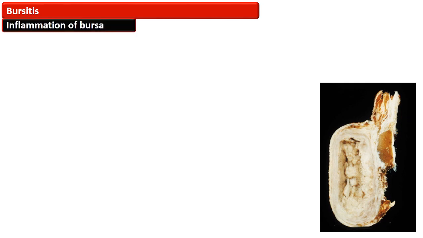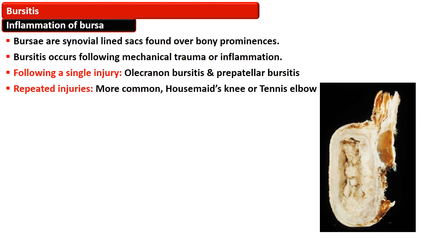The inflammation of a bursa is termed as bursitis. The bursae are synovial sacs, and these are found over bony prominences. Bursitis occurs following mechanical trauma or inflammation.